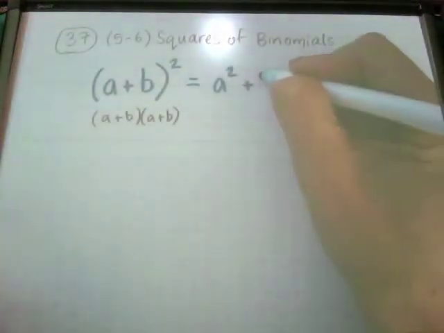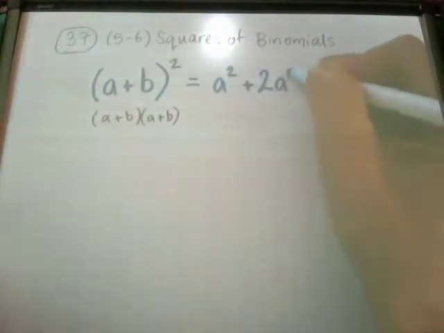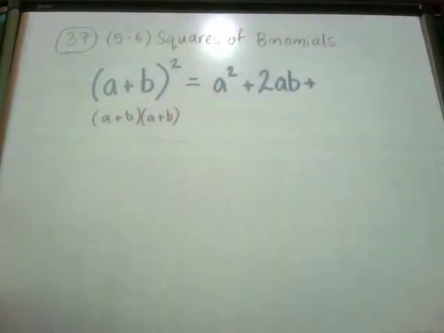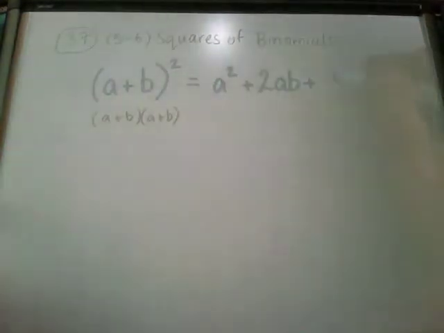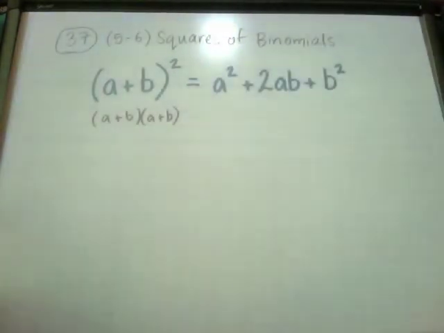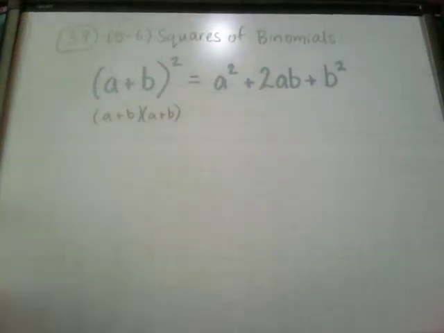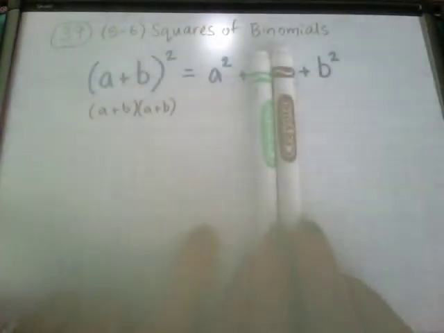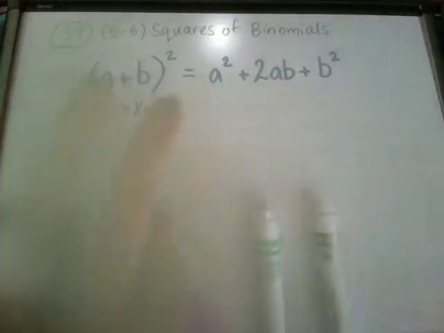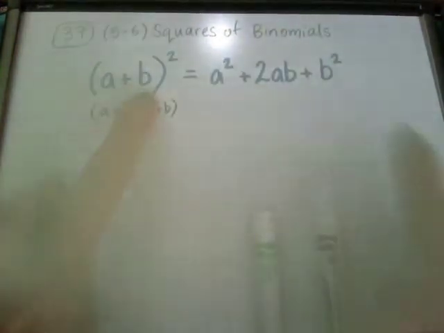The middle term is 2 times a times b, and the last term is b squared. Now let's think about comparing this again to the pattern from Friday. On Friday, this middle stuff all dropped out, and we had a squared minus b squared. We've got something similar. We're going to square the a. We're going to square the b.